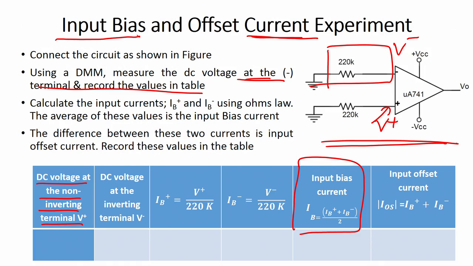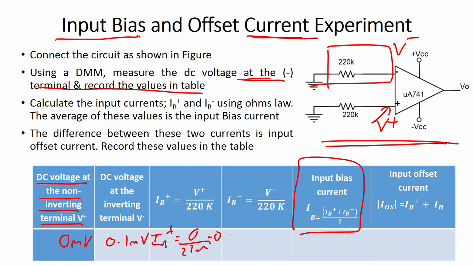Now, what did we measure? At the inverting terminal, 0.1 millivolts, and at the non-inverting terminal, 0 millivolts. From there we can put this equation: IB plus, where V plus is 0, divided by 220 k, equals 0.